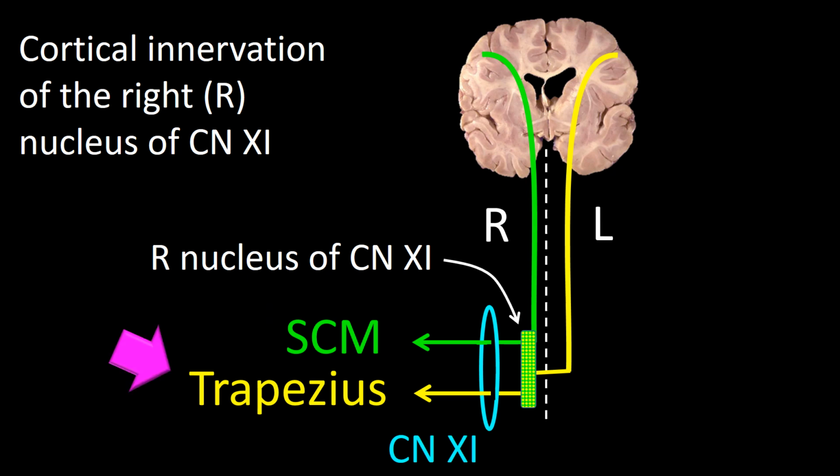Now, notice that the right trapezius, like the right SCM, is innervated by the right accessory nerve, whose bodies are in the right spinal cord nucleus of cranial nerve 11. But this nucleus receives innervation for the trapezius from the contralateral cortex. Hence, it is best to test them separately.